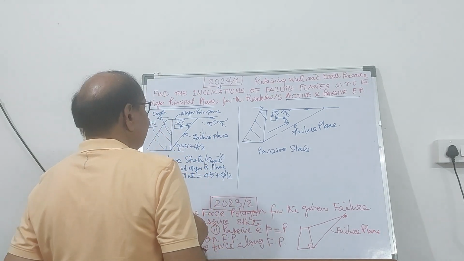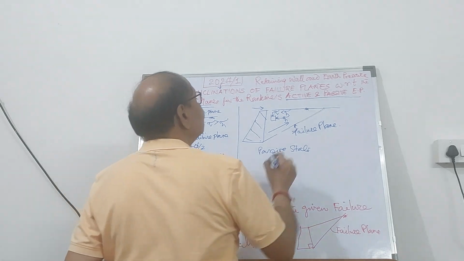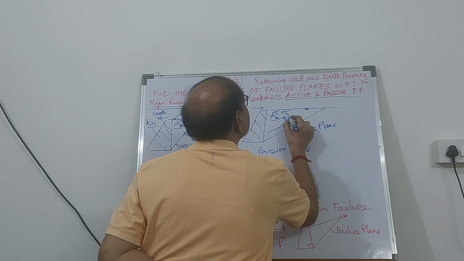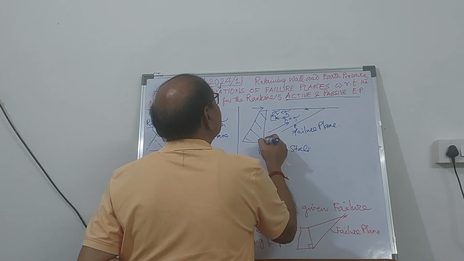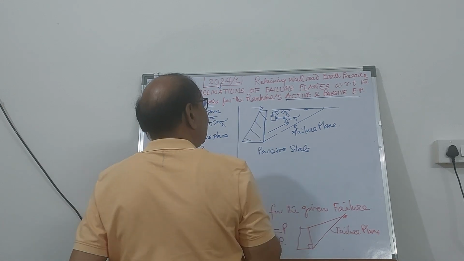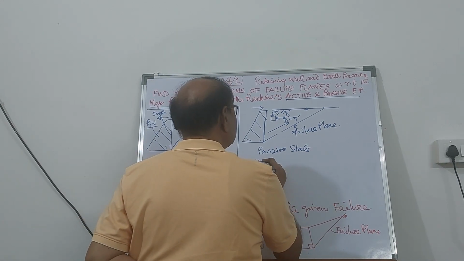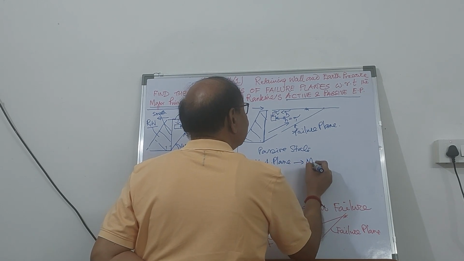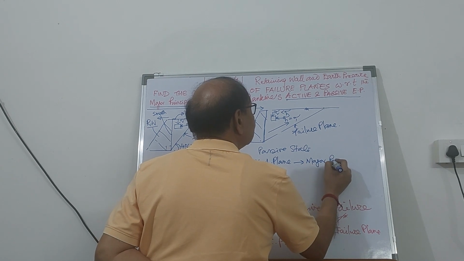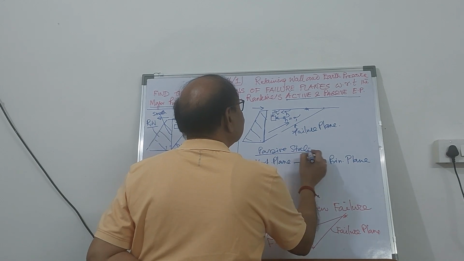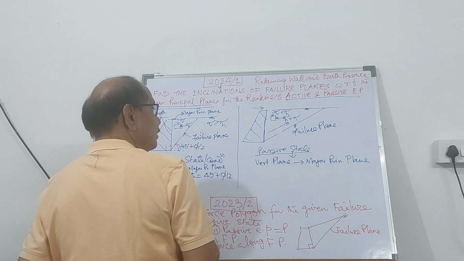If you see the major principal plane here, the major principal stress is going to be this one, and this is going to act on the vertical plane. So the vertical plane is the major principal plane in passive state. All right.